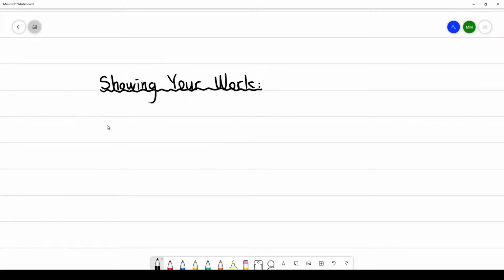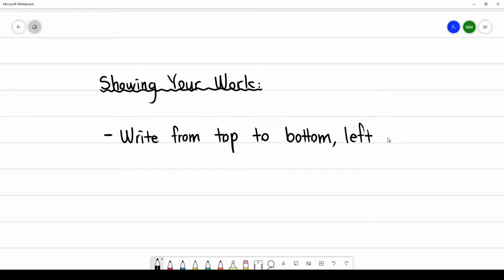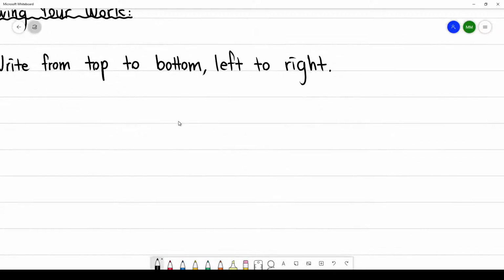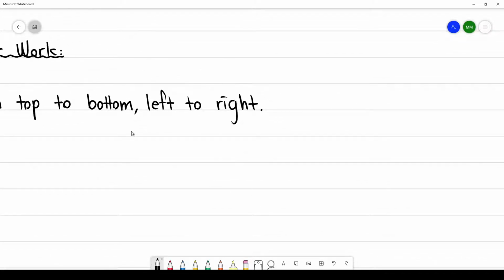So one of the key things is to write from top to bottom, and then left to right. And as I'm writing all these, I'll actually choose a problem from the homework and show you what I mean.